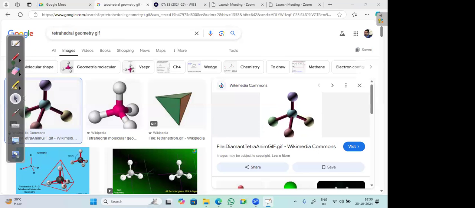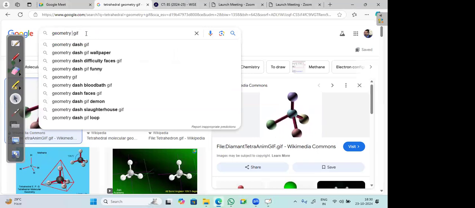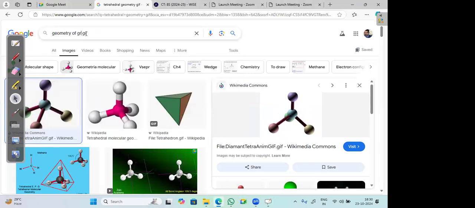So for graphite, if you observe, it has a hexagonal planar geometry. This is the geometry of graphite.